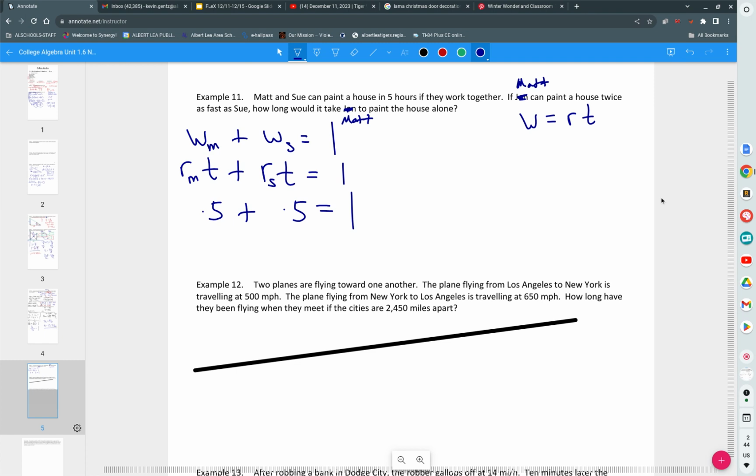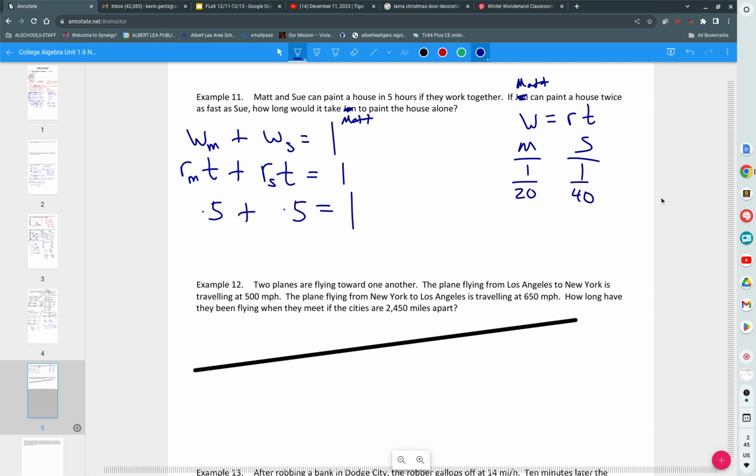And I always think that when you get confused, just start picking a number and going with it. So suppose Matt does 1 house every 20 hours. What would Sue's rate be? 40. Yeah, 1 house every 40 hours, right? Because it takes her twice as long.